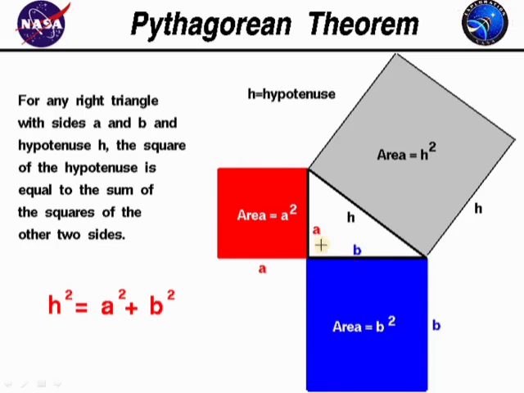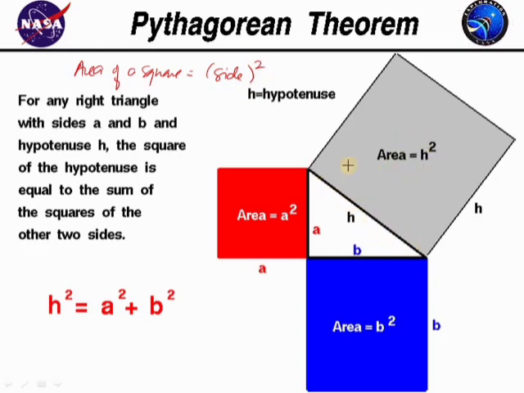Now if I ask you to find the area of each square, we have three squares now. You know the formula for calculating the area of a square. Area of a square is nothing but side square. Now what is the length of each side of the gray square? It is h, isn't it?